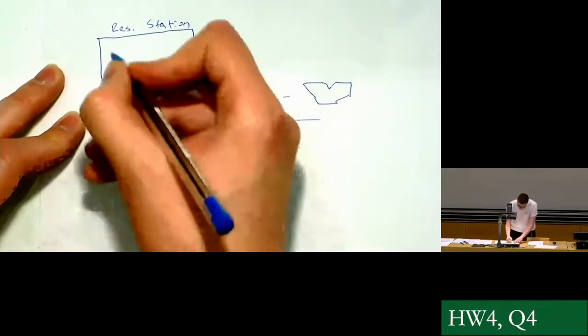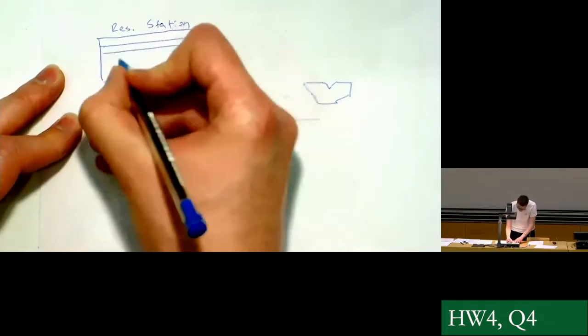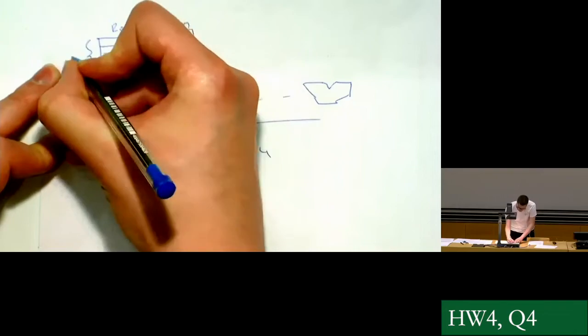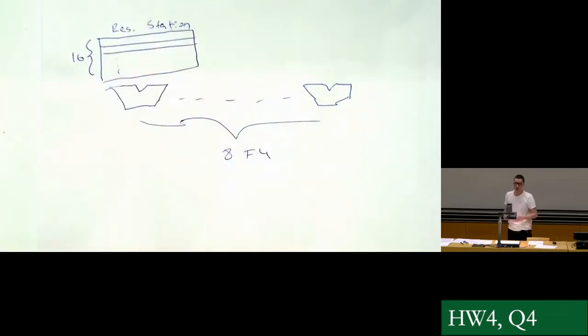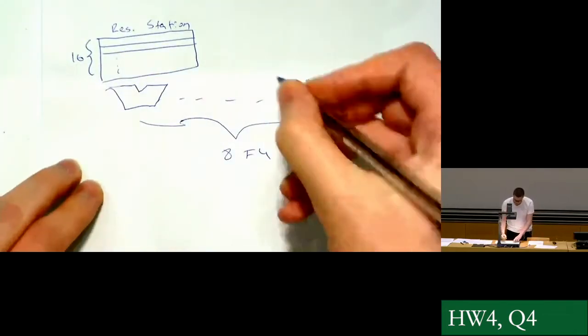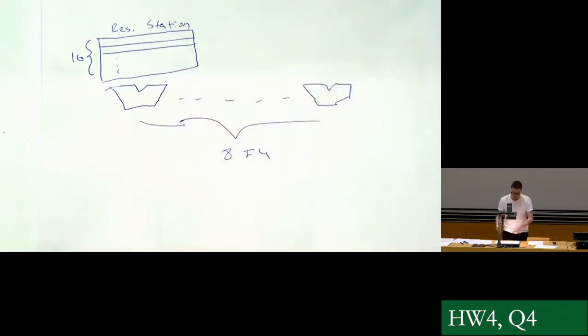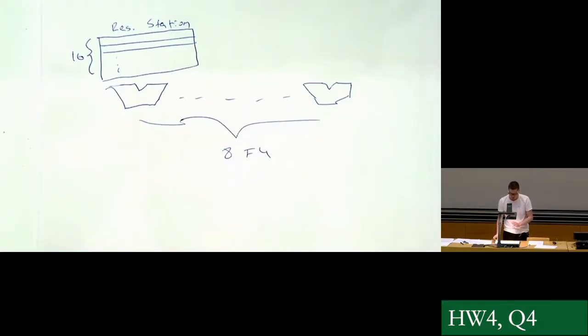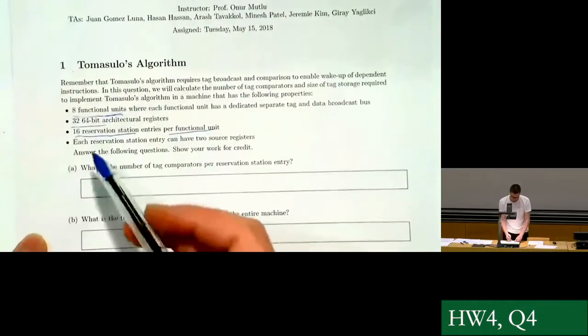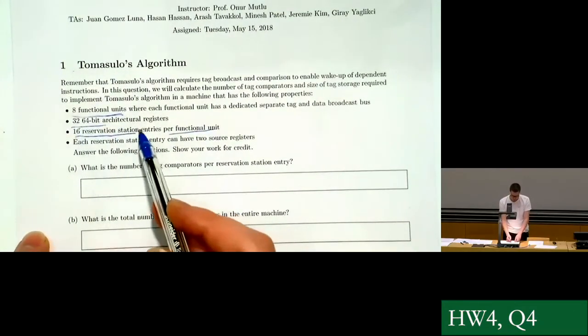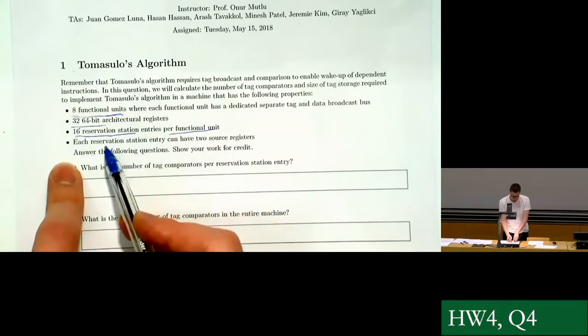And we have 16 entries in total per reservation station. And there are as many reservation stations as functional units, right? So this is what the question told us so far.